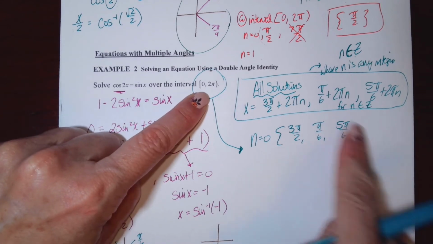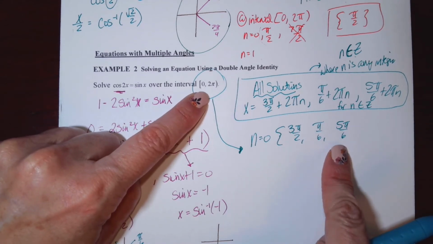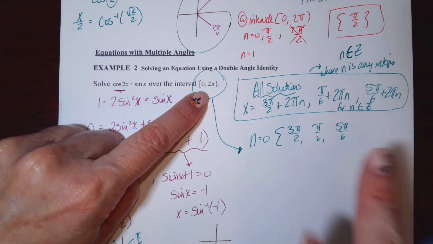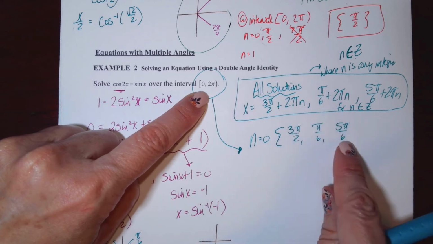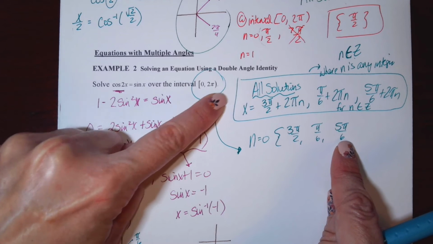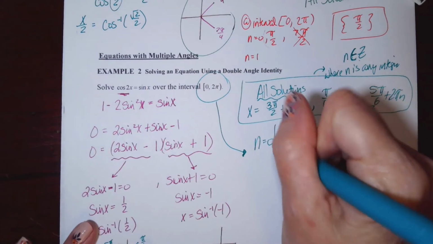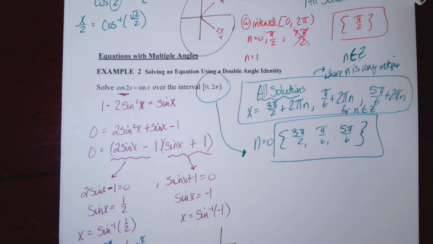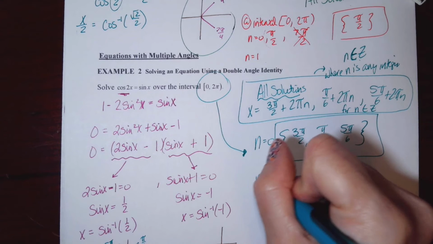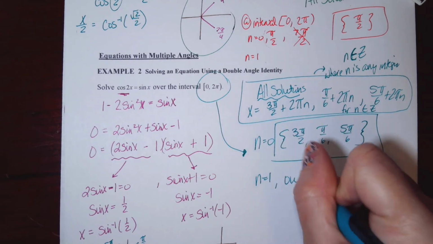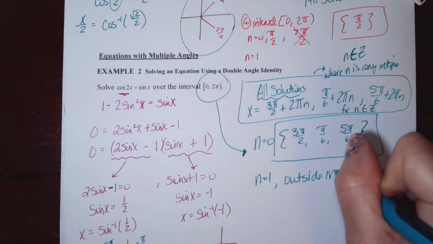Now, because these are all positive values between 0 and 2 pi, if I add 2 pi to any of them, I have gone beyond that limit of my interval. So those are the only 3 solutions that fit within that interval. If I go to n equals 1 and I add 2 pi, I've moved outside my given interval.